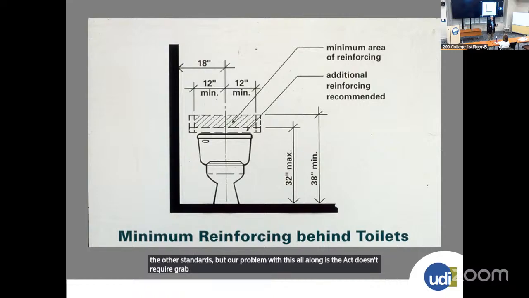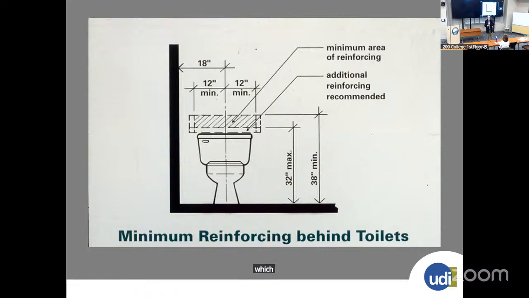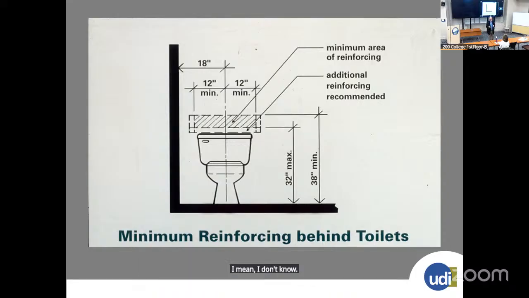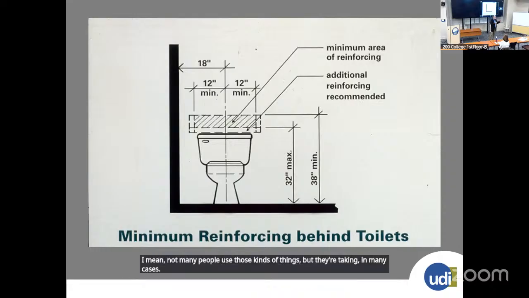There's no grab bars required, which in general we like, because we like grab bars in places people need them, not grab bars in places that the code says they should be, because we have no idea whether anybody could use them in those locations, especially behind the toilet. I don't know, not many people use those kinds of things, but in many cases they're taking public restroom standards and importing them into someone's residential situation.